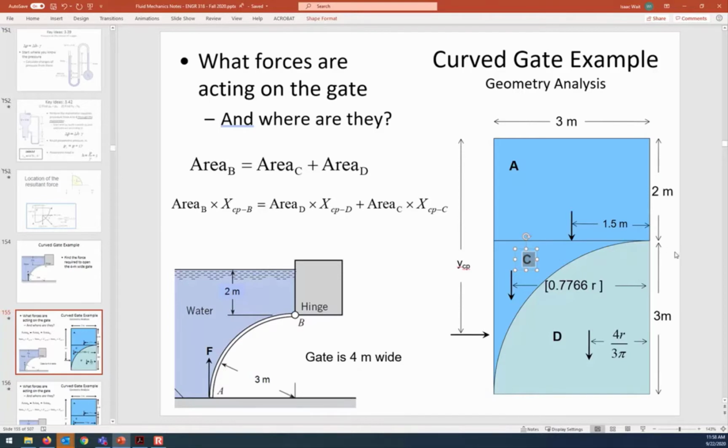Okay, so we need to find out what's the volume of the water there. And let's see, Zachary's got it correct. Zachary has the force, what he's just typed in there, that's FC. So good job, Zachary, nicely done.